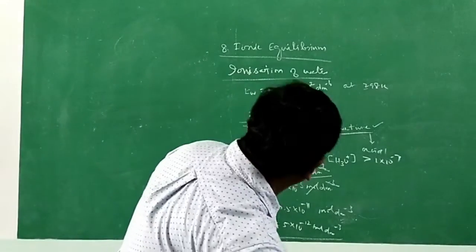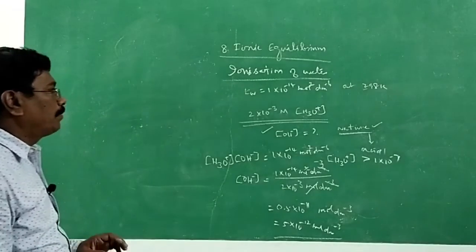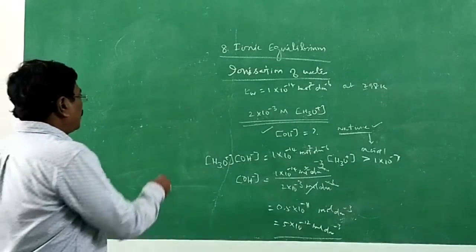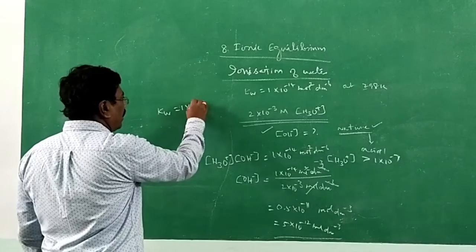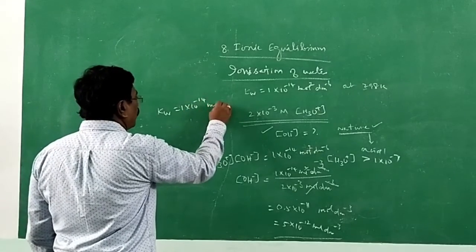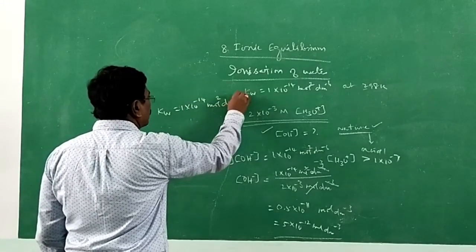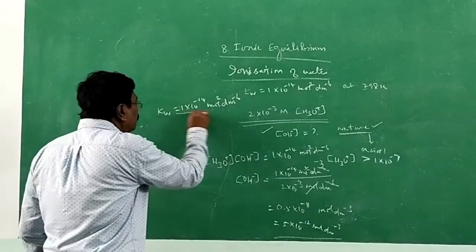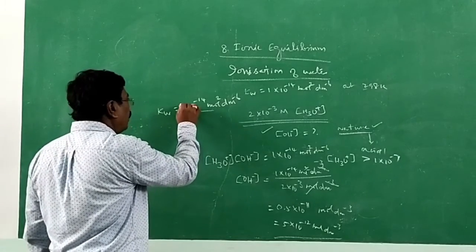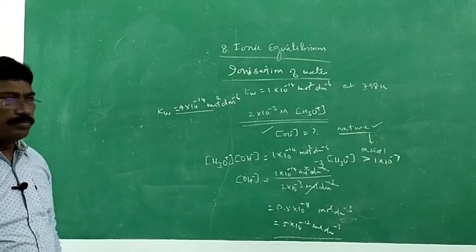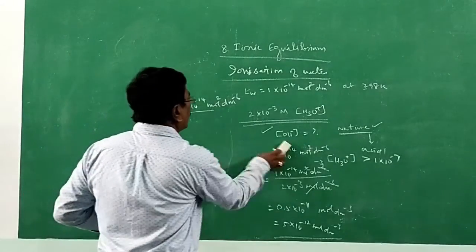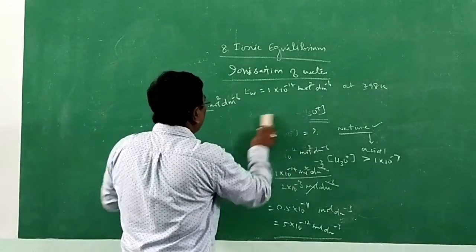And one more question under evaluate yourself. You are given Kw of a neutral solution as 4 into 10 power minus 14 mole square decimeter to the power minus 6, not 1 into. Is it possible to have a Kw value greater than this?